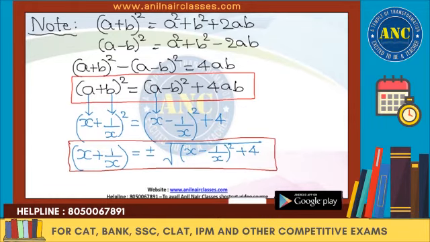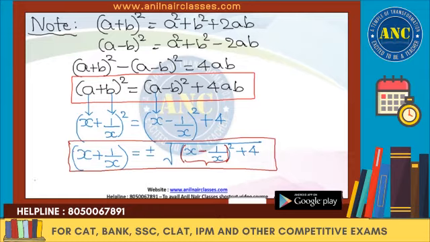Now what I am saying here is, if I know the value of x minus 1 by x, I can substitute inside this bracket, square that, add 4 to it, and take the square root. When I do all these things, I will end up getting the x plus 1 by x value.